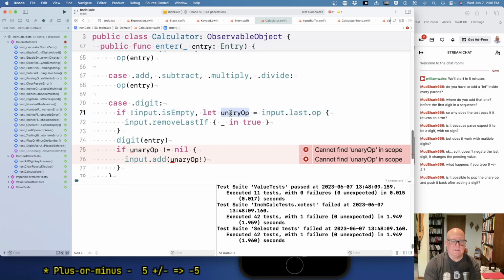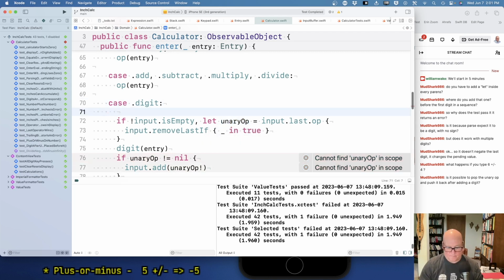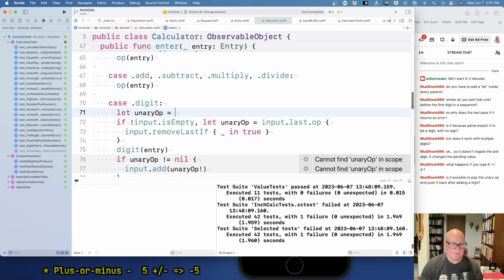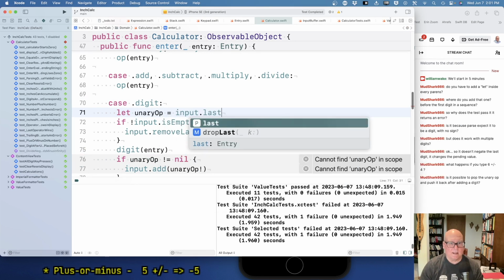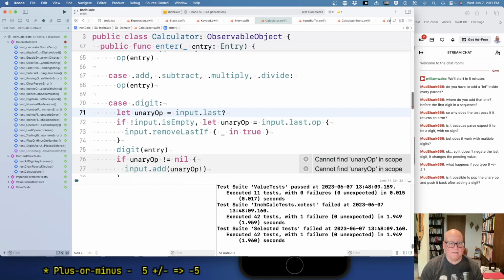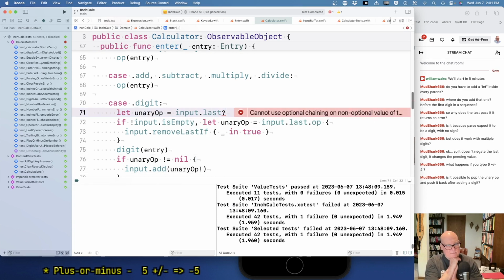Oh, it only holds in that scope. Okay, let's try this. Let unary op equal input dot last. Oh no, he doesn't do that.